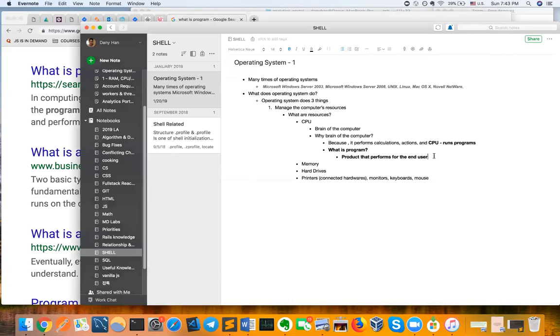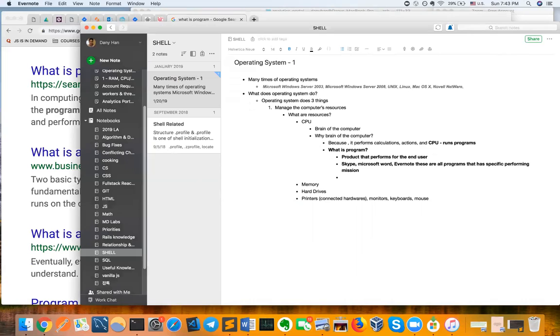So Microsoft Word, Evernote, these are all programs that have a specific performing mission, that do specific things for a user: make video calls, visit websites, type characters, etc.